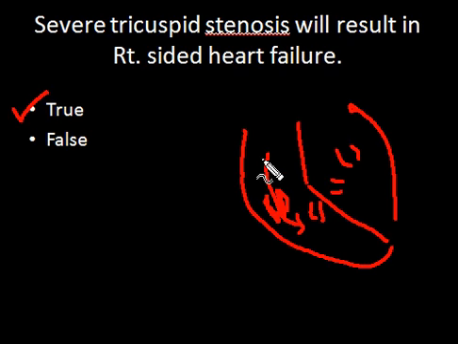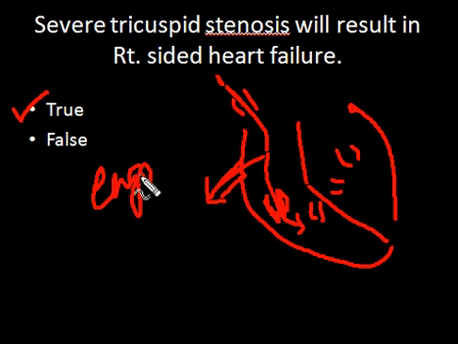So therefore, the right atrium, which receives the superior vena cava and the inferior vena cava, what will happen? Since blood from these cannot go into the right atrium, it will actually back up into these veins. When it backs up in the superior vena cava, you will end up with engorged neck veins, because those veins cannot drain.